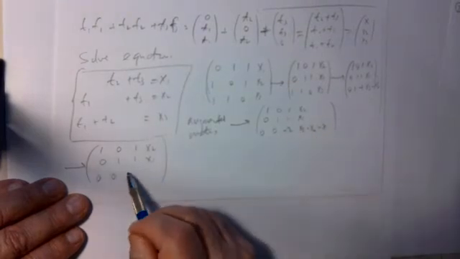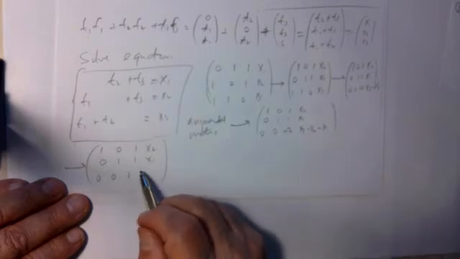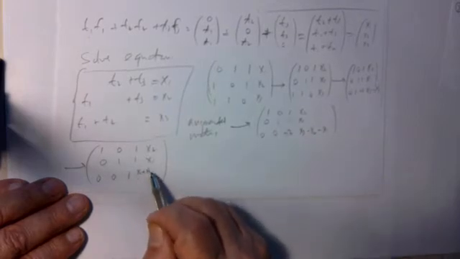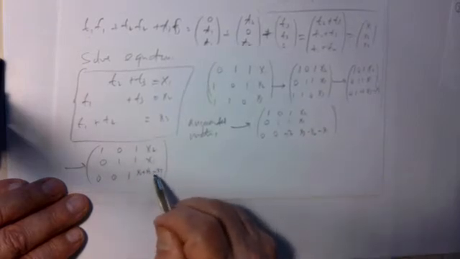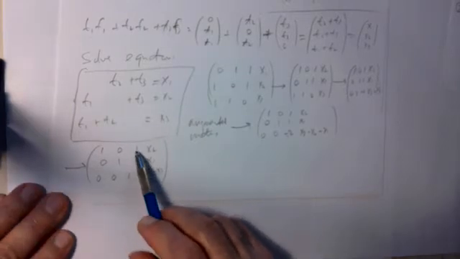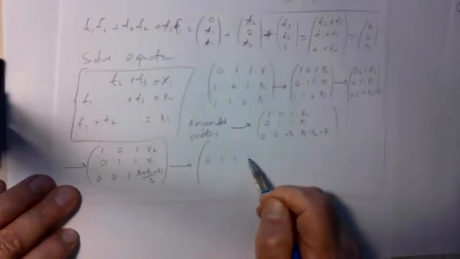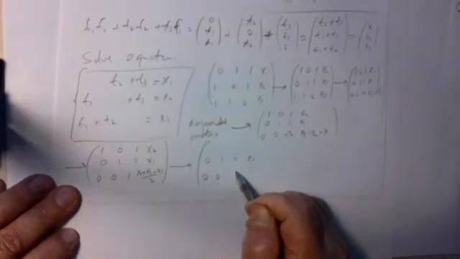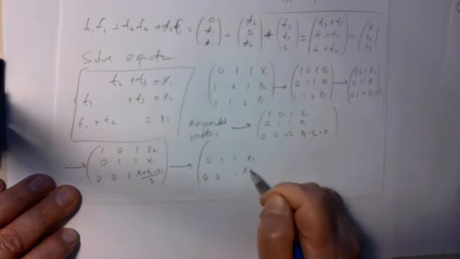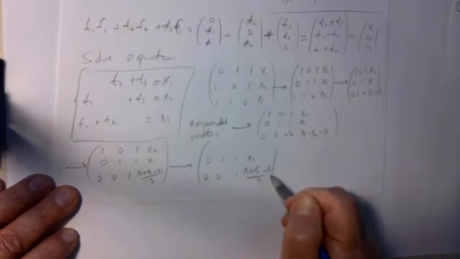So I get 0, 0, 1. So I'm dividing by minus a half. I get x1 plus x2 minus x3 over 2. And then I need to get zeros here and here. So I have 0, 1, 1, x1, 0, 0, 1, x1 plus x2 minus x3 over 2.